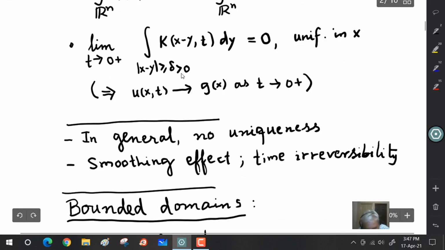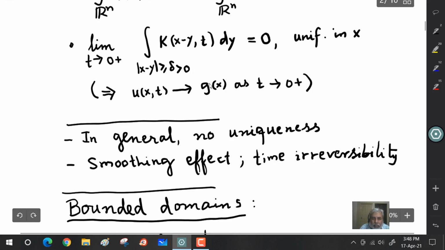And this is another important property. So it's kind of averaging any function we integrate with this as kernel. So this is an important property. If you stay a positive distance away from any point x, then this integral tends to 0 as t tends to 0.